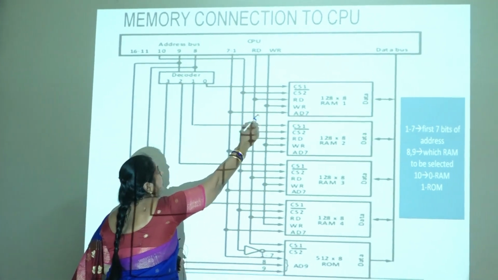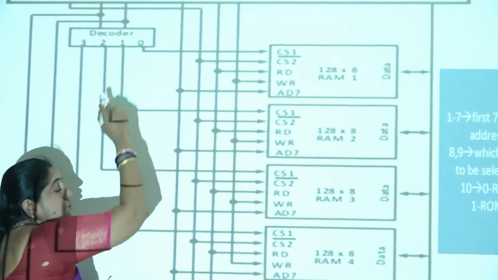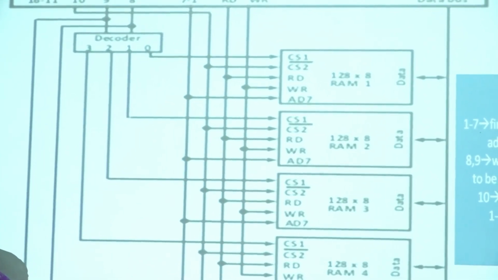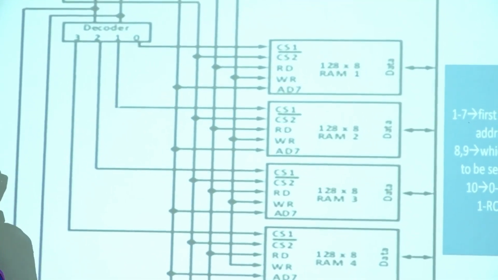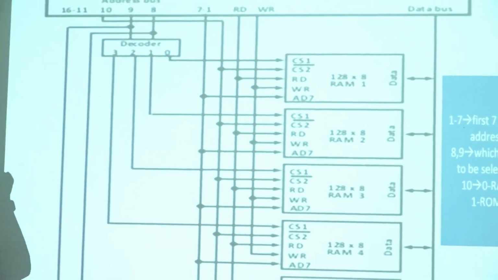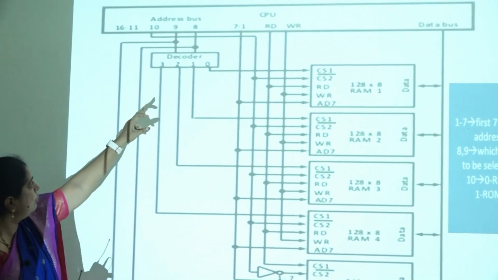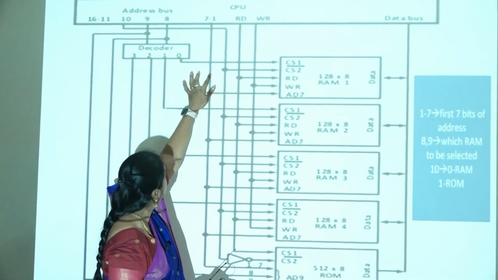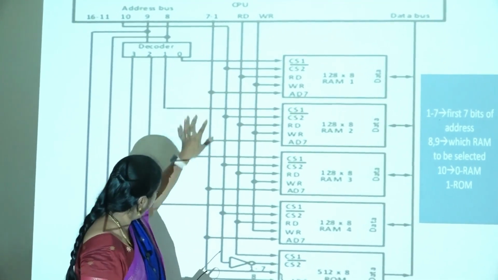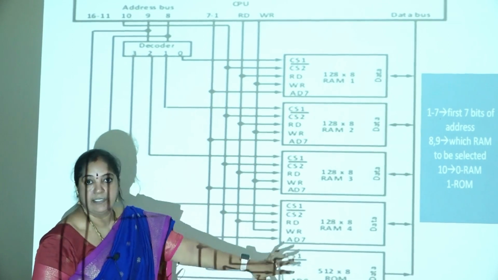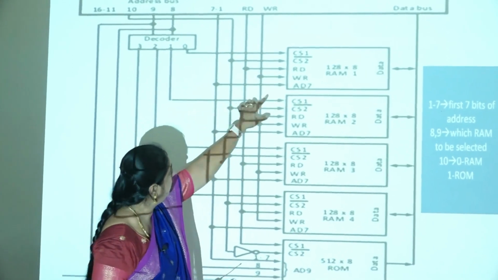First these 2 bits. Then coming to 1 to 7, that means bits 1 to 7, these bits are used for specifying the address. These 1 to 7 bits are connected to all the RAMs and the ROM.